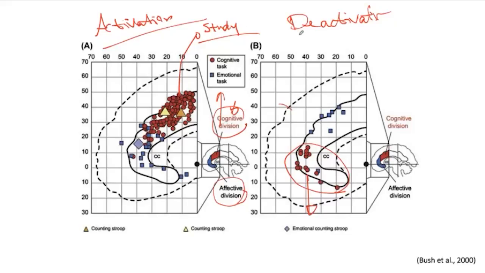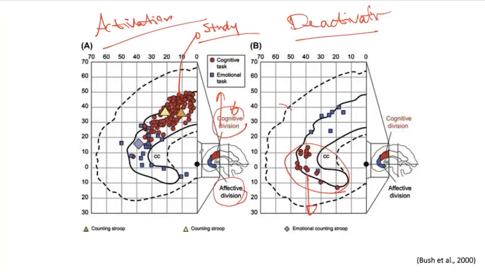Most people in the fMRI field just report the activations. But it is also important to report deactivations. Most of the time, people do not report them, and deactivations are as important as activations.